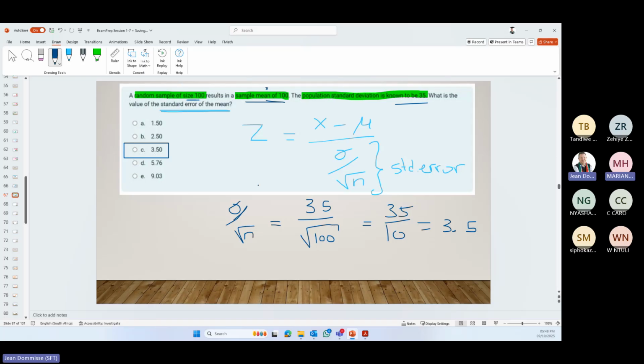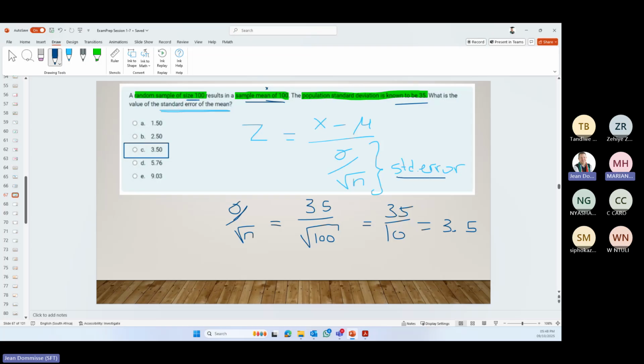This one, all they wanted was standard error. Standard error is basically the standard deviation divided by the square root of the sample size.